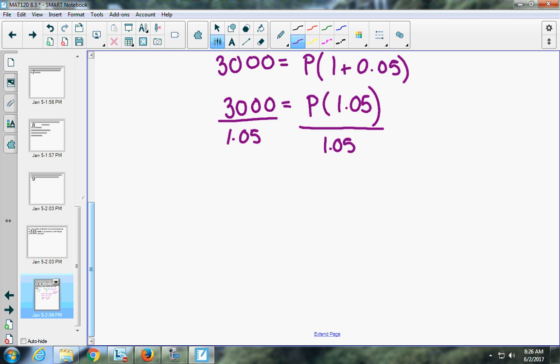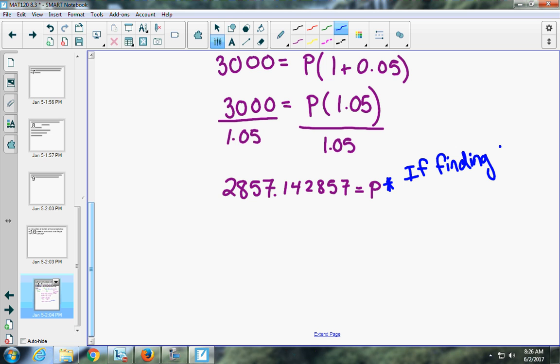When I divide, I end up with 2,857.142857 equals P. Whenever you see problems like this, where you are asked to find the principal, what we always want to do is round up to the nearest cent.